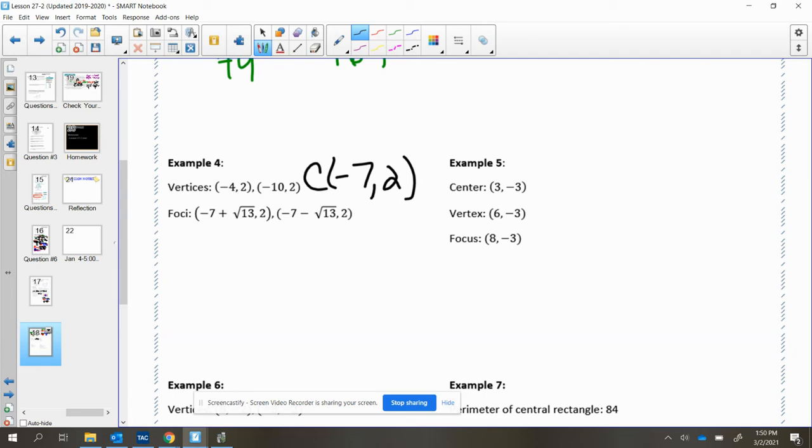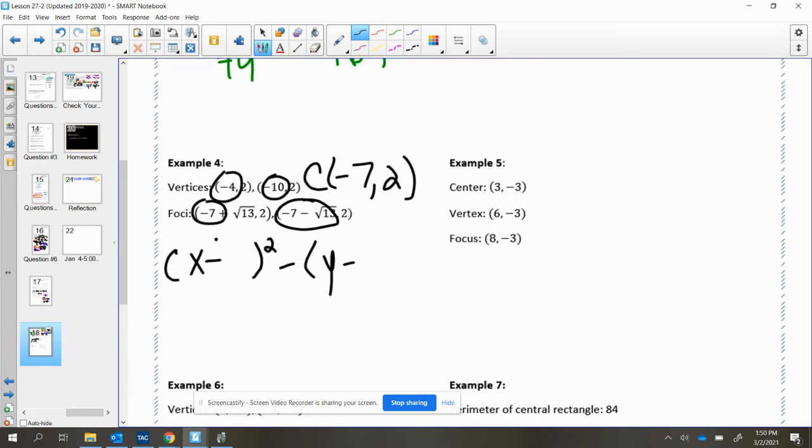And notice on both of these, it's the x values that are changing, right? We're adding and subtracting to the x values. So x will come first because this is going to be yet another horizontal opening hyperbola. And again, we can plug in h and k, so plus 7 minus 2.